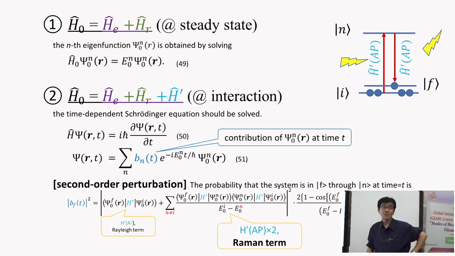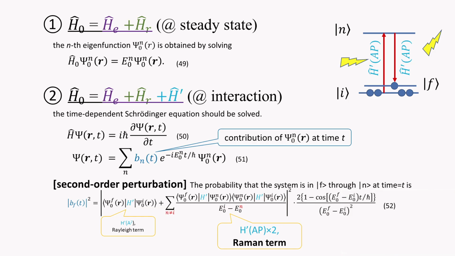So what we need to do is to solve the second order perturbation. Starting point is the Hamiltonian without interaction, that is, in other words, steady state. Nothing happens by time. It's stable. So Hamiltonian consists of radiation and molecule part.